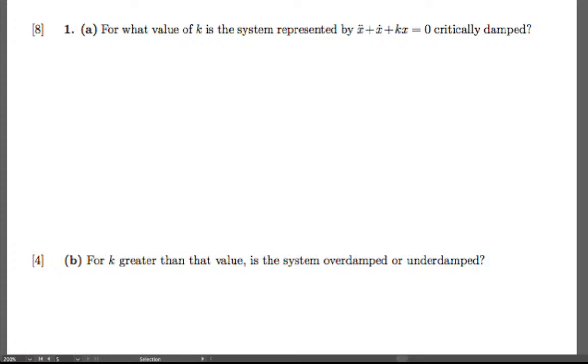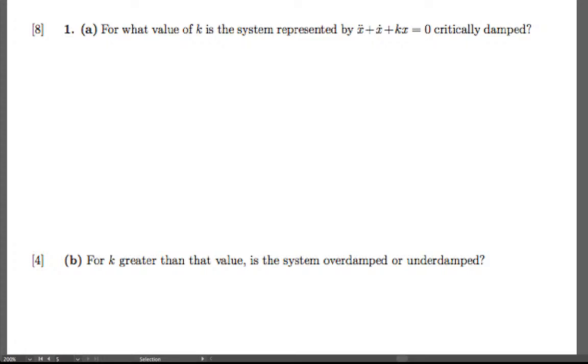So basically, for a linear differential equation, especially for second order differential equations, you got three different types. The first one is underdamped, then you got critically damped, and then you got overdamped.